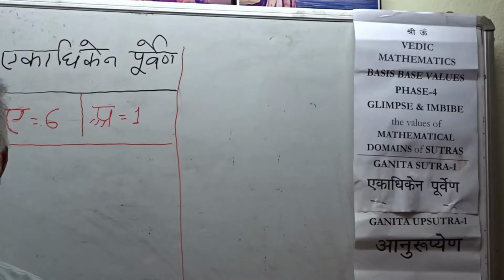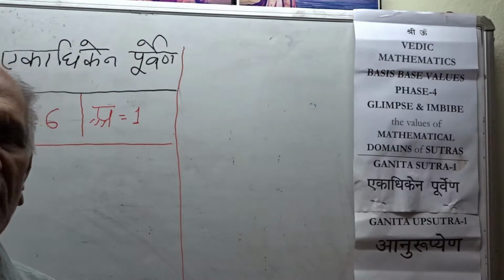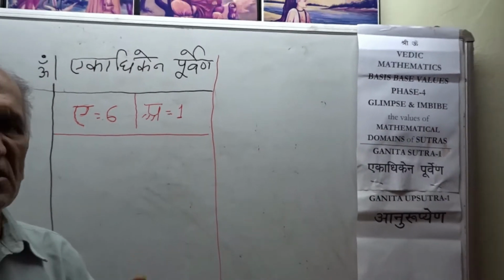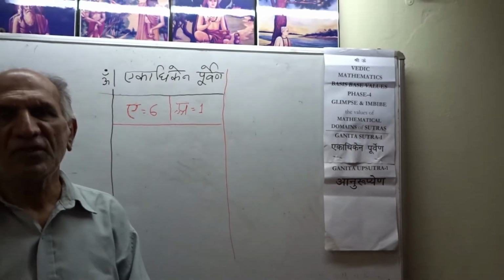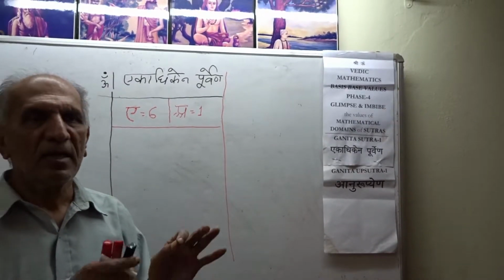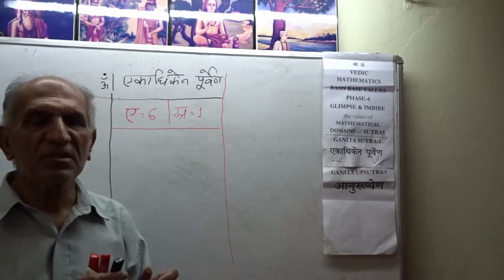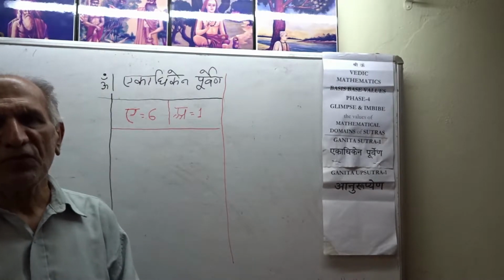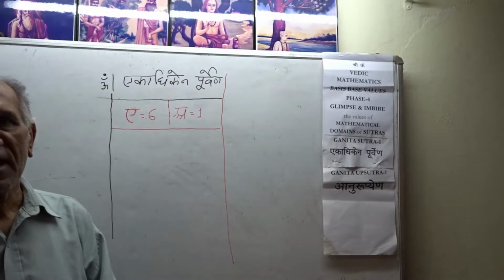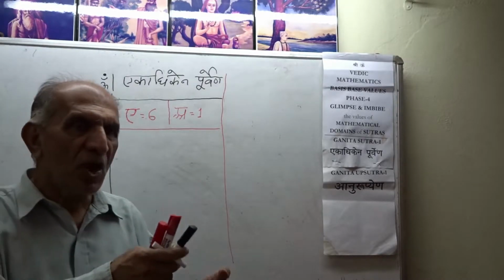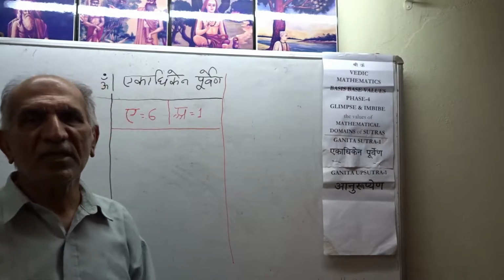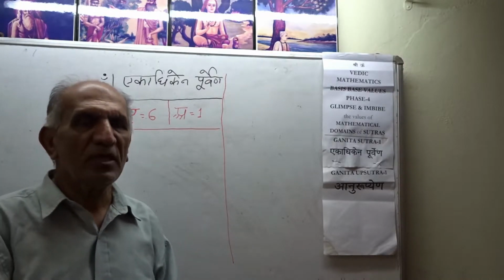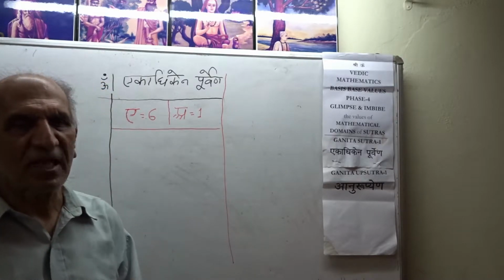We shall make a specific entry in our Transcendental Code Values Dictionary that in this phase 4 of the lecture series we are initiating ourselves for glimpsing and imbibing the values, features, processing steps and all other connected aspects of the mathematical domains of the Ganita Sutras. And the beginning is going to be with Ganita Sutra 1 itself.